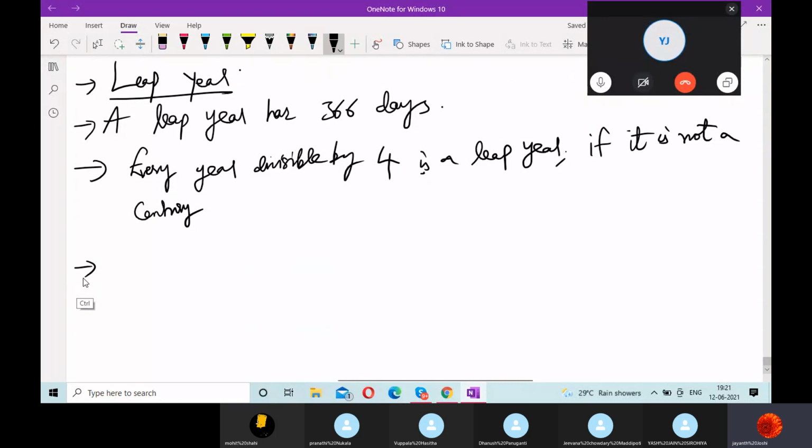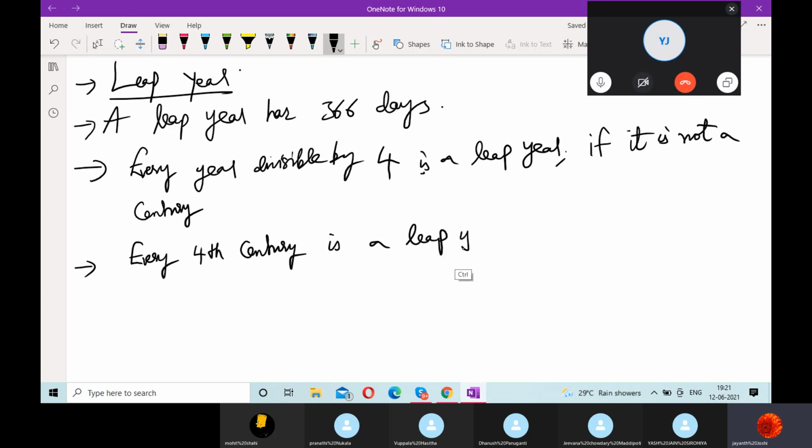Point number 2. But please understand this, there is a twist in the tail. Every 4th century is a leap year, and no other century is a leap year.